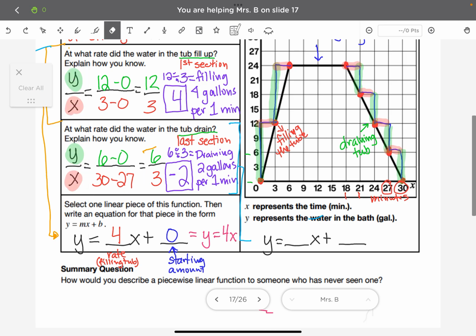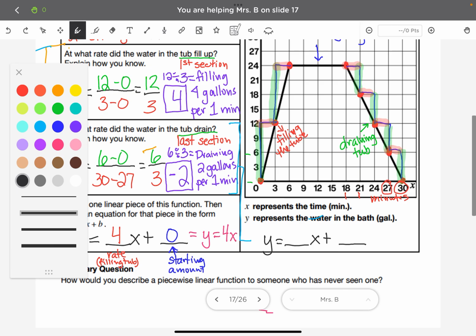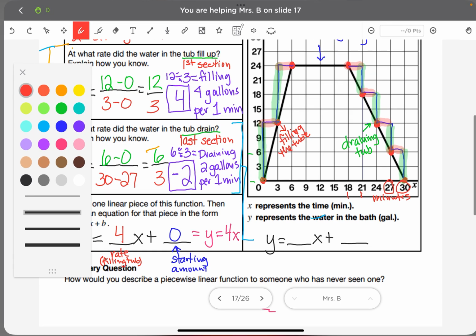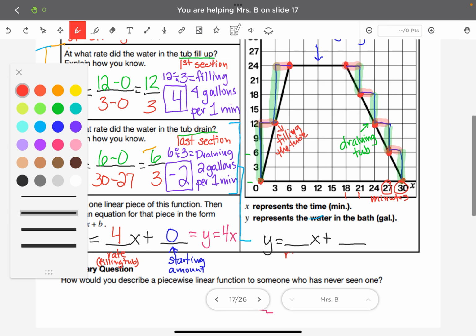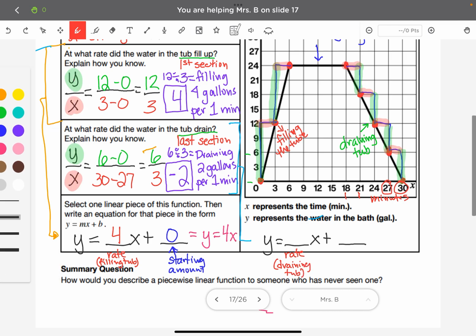So in this case, I'm going to use my information from when the tub drained. So here I have my rate. That's going to go in front, and now this is my draining tub. So in the second part, we found out that it drained at a negative 2, or 2 gallons per minute. So I want my slope or my rate to be negative 2.